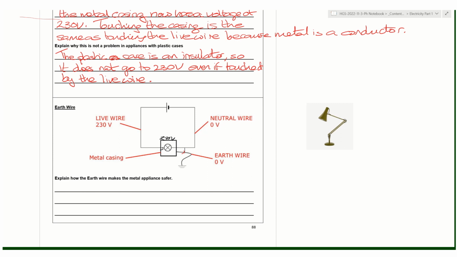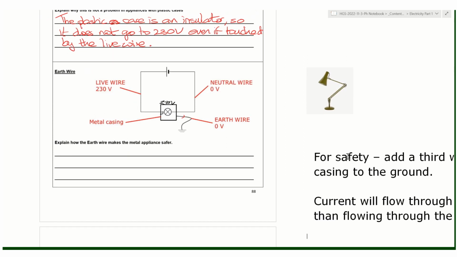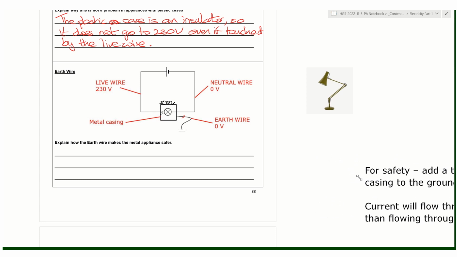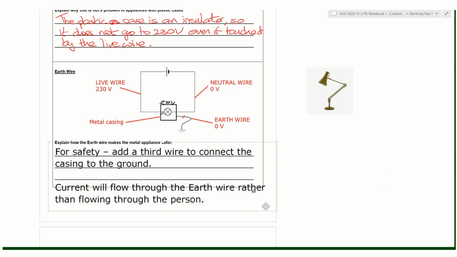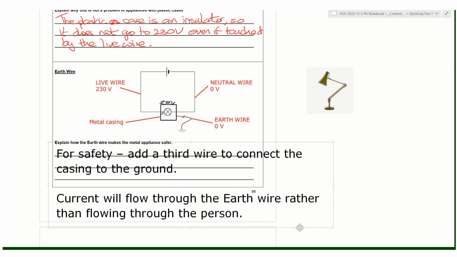So we've got this special low resistance wire, and the current is going to flow through the earth wire rather than flowing through the person, which makes it safer. Okay, so how does the earth wire make it safer? Safer because if there is a fault, current will flow through the earth wire rather than flowing through the person.